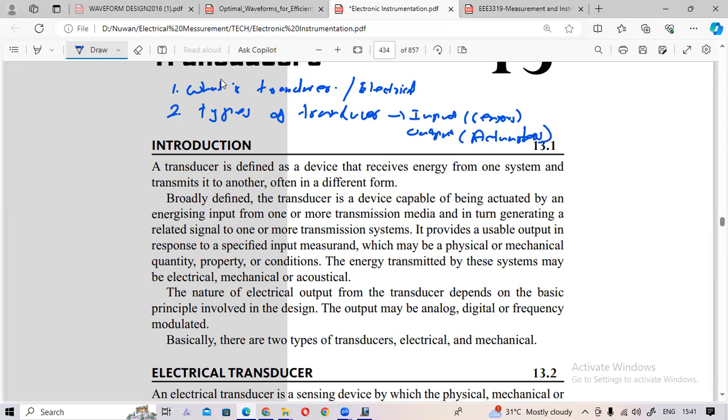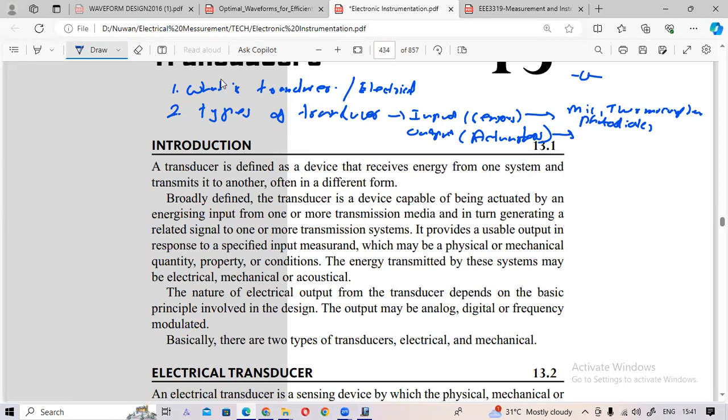So you can give some examples here. The sensors are a microphone, thermocouple, photodiodes. Photodiode is also a transducer, an input transducer. If you get light, you can get current. Okay, that is photodiode.